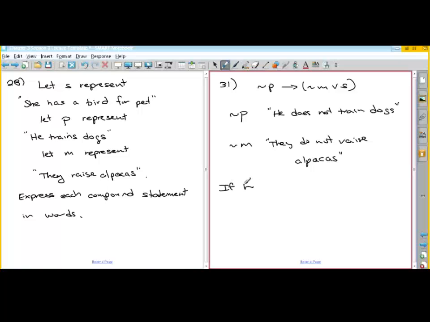So if he does not train dogs, so that's the negation of P, then, the then goes before the next part, then they do not raise alpacas. And this is an or statement, and statement S is she has a bird for a pet.